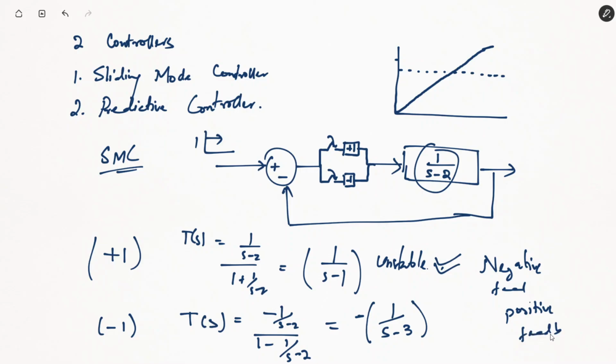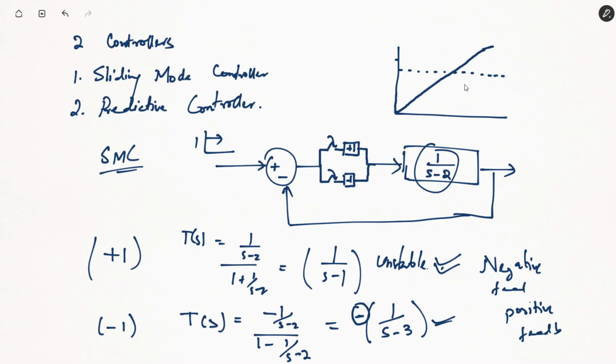So what we have done is we have simply switched between a positive feedback and a negative feedback. In both cases, the system is unstable. For this, the pole is at 1. The system is unstable. For this case, the pole is at plus 3. The system is still unstable. Now, the only difference here is that we have a negative value.